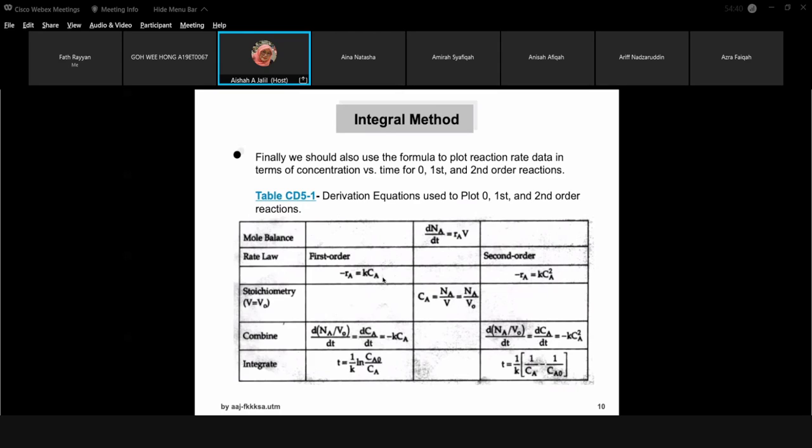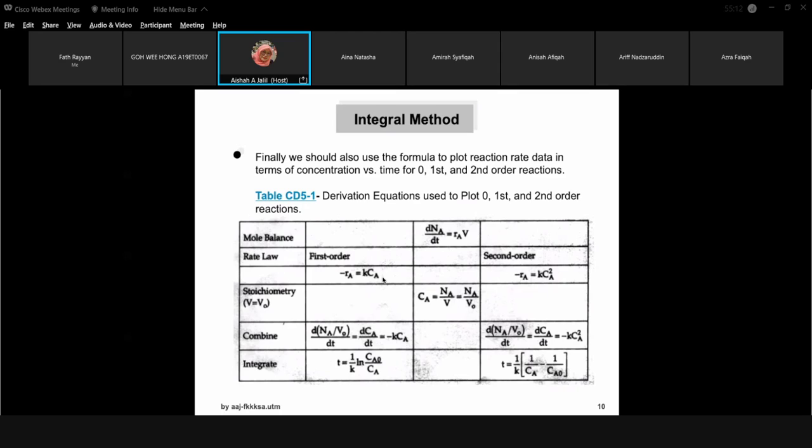After differential, in differential we have three methods, and then the other method is the integral method. Finally, we should also use the formula to plot the reaction rate in terms of time for zero, first, and second order reactions. This is the derived equation used to plot zero, first, and second order reactions.